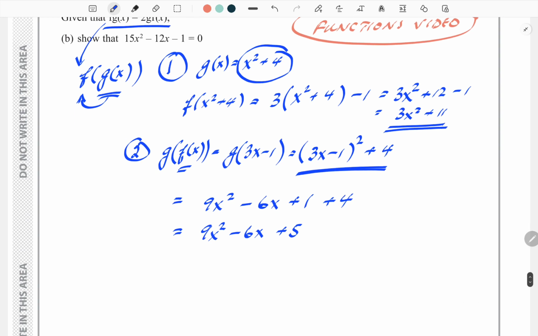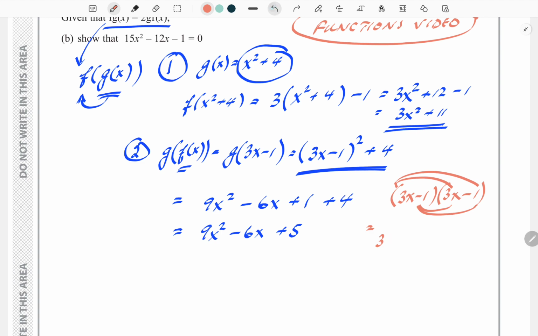Okay. And I'm just going to quickly summarize that. You know, when you do the 3x minus 1 times 3x minus 1, remember that, and then this times that. So you've got to multiply each element by every other element in the other bracket. So that is 3x times 3x.